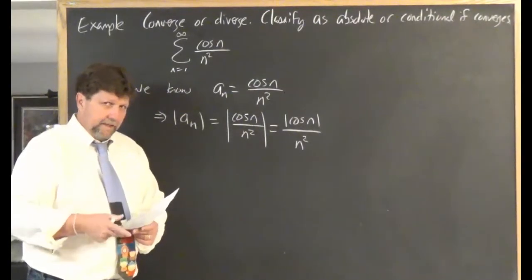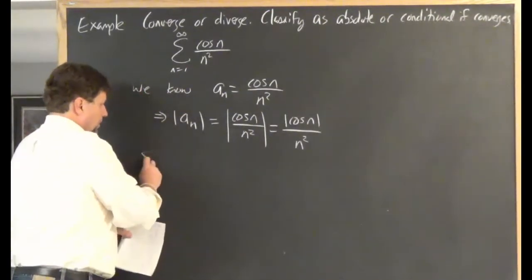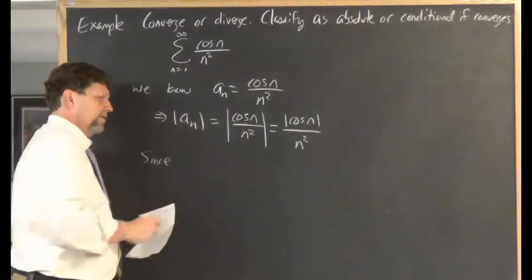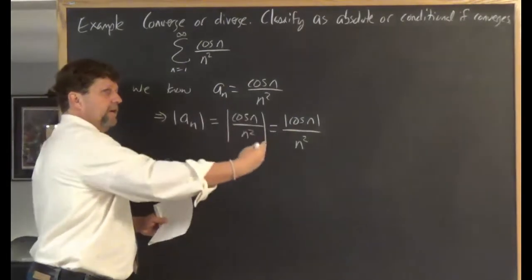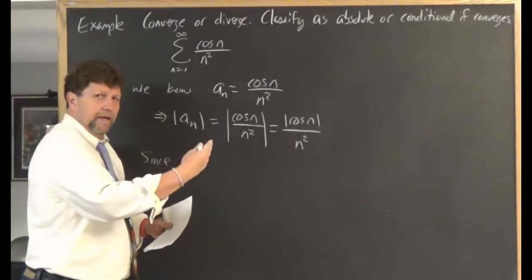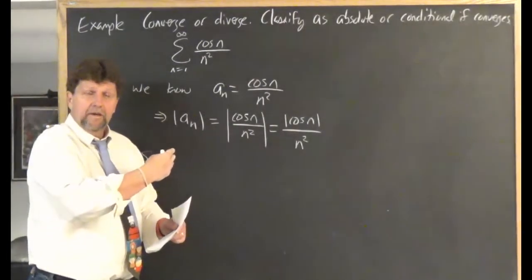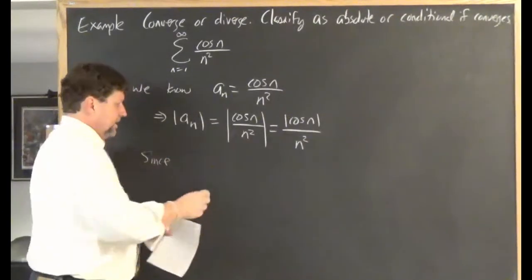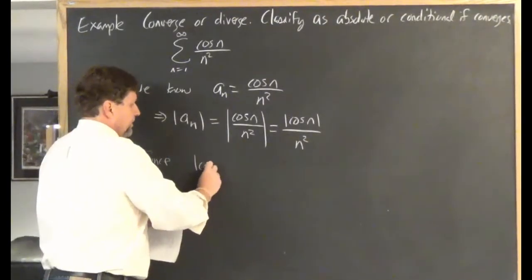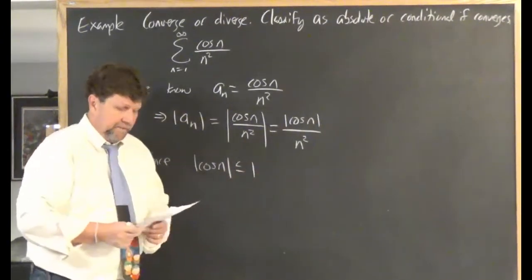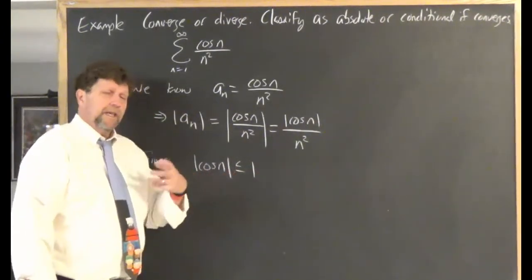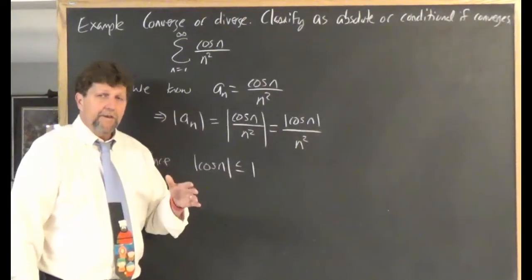I think we're getting somewhere. We know an awful lot about the trig functions. In fact, we know cosine n is trapped between -1 and 1, inclusively. That means the absolute value of cosine n is less than or equal to 1 for all values of n.